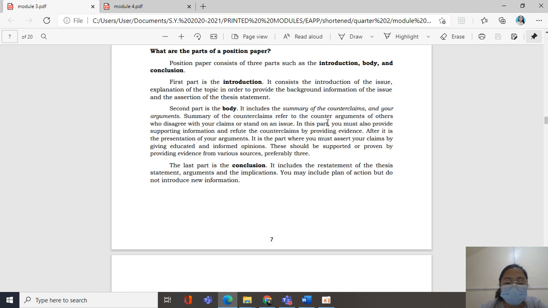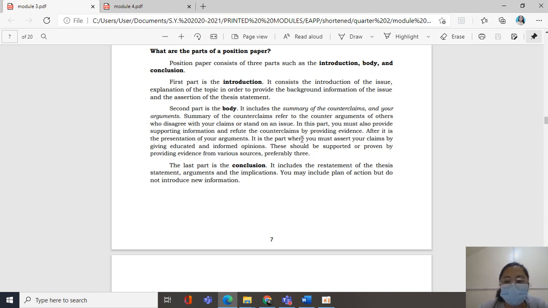The summary of the counterclaims refers to the counterarguments of others who disagree with your claims or stand on an issue. So you'll be presenting your stand, and there are some counterarguments, those are the opposing statements or other opinions which are not in favor of your claim.